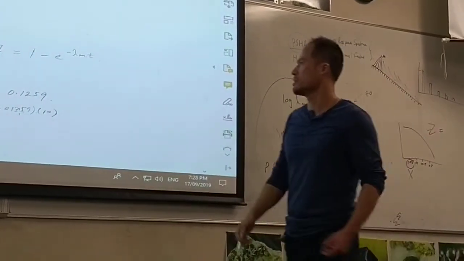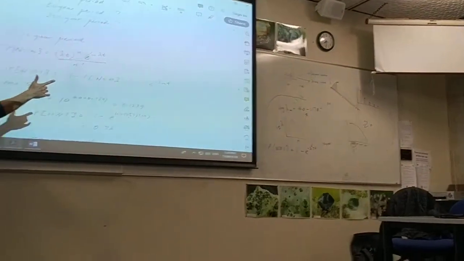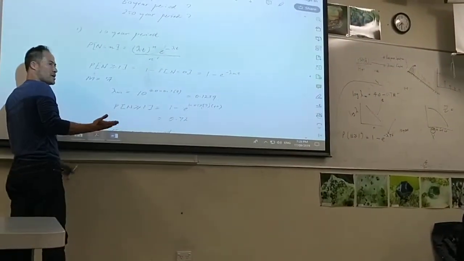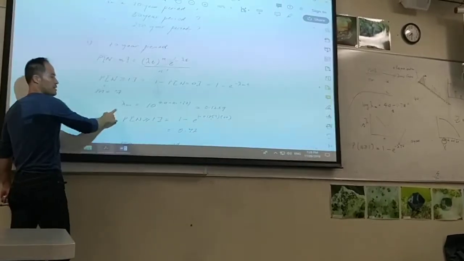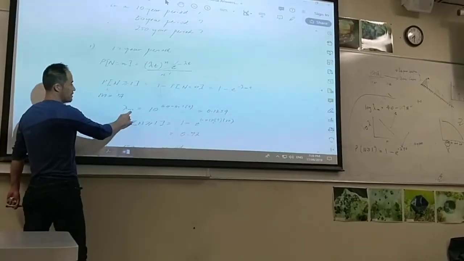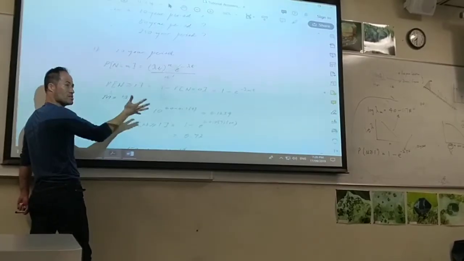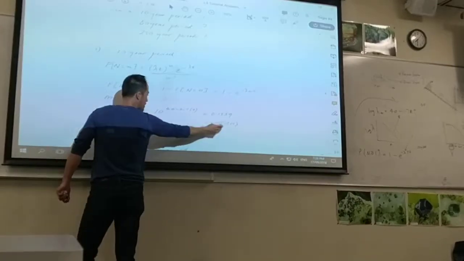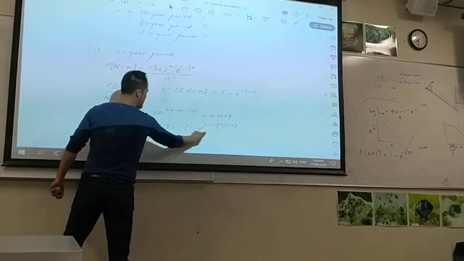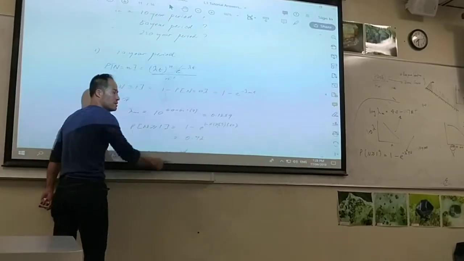Remember, when you're in log space and you want to go the inverse log, you go 10 to the power of that. That is my Gutenberg-Richter relationship, but inverse log. So I get that, plug it in here with 10 years, and then I can calculate that probability.